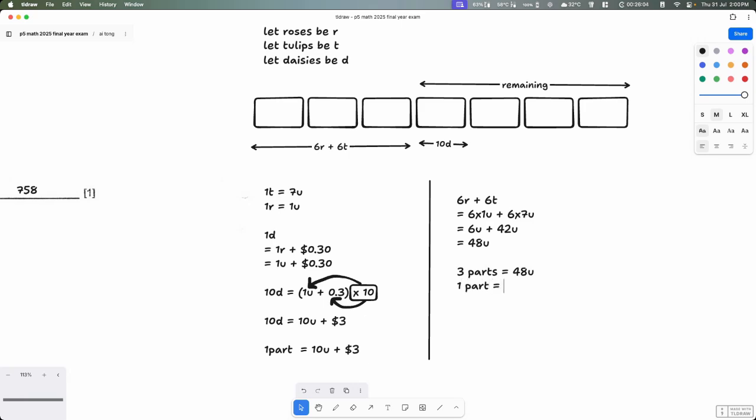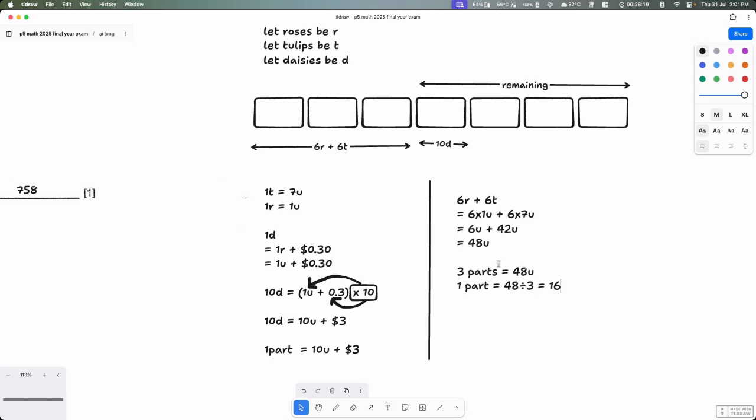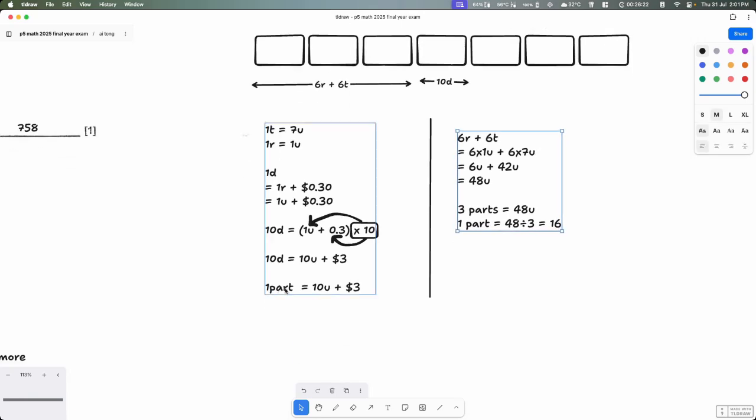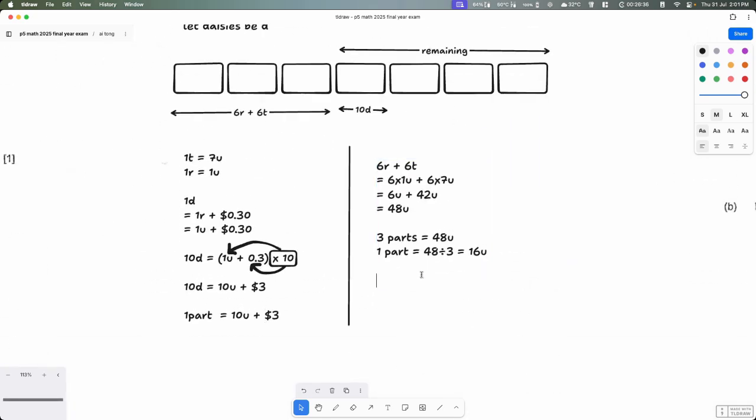So 1 part is equal to 48 divided by 3, and this will be, I'm thinking, 16. Let's double check with the calculator. 16 units. Since we know that 1 part is also 10 units plus $3, 16 units is equal to 10 units plus $3.